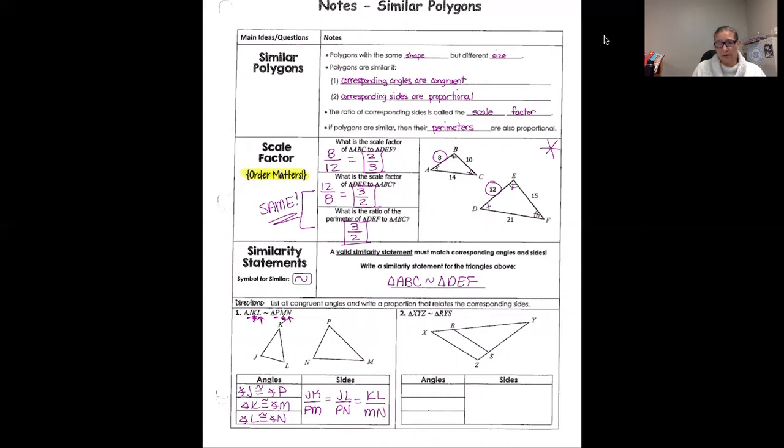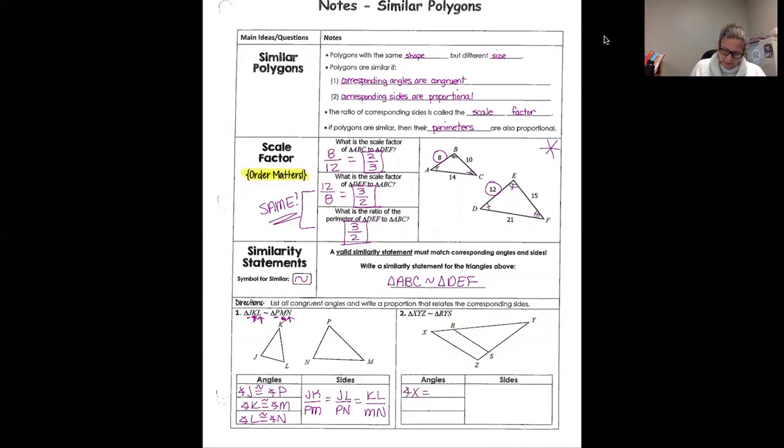Similar triangles can also be inside of each other. So if you look at triangle XYZ and triangle RYS, here is triangle RYS, and here is triangle XYZ. You can see that one is inside of the other. Same thing.